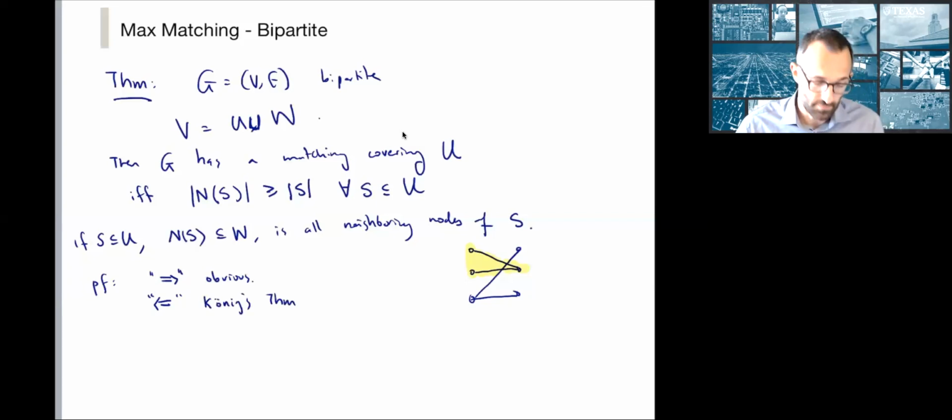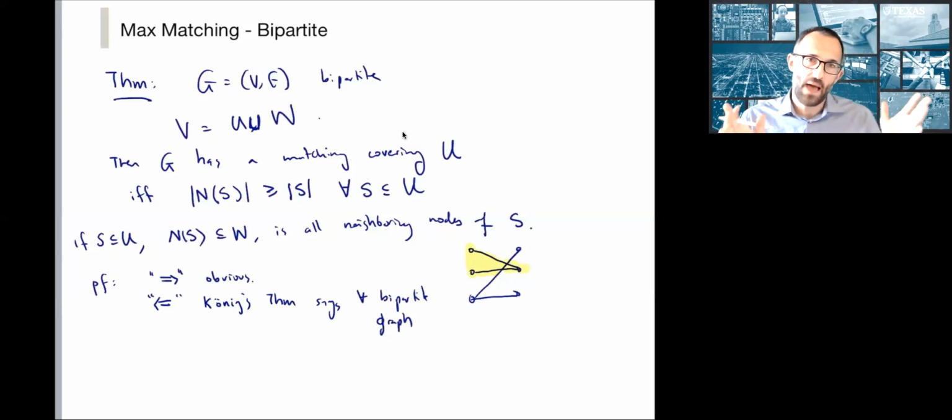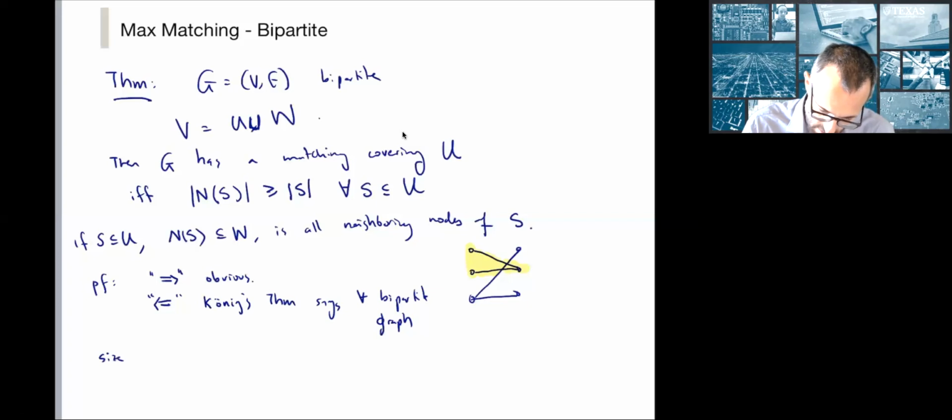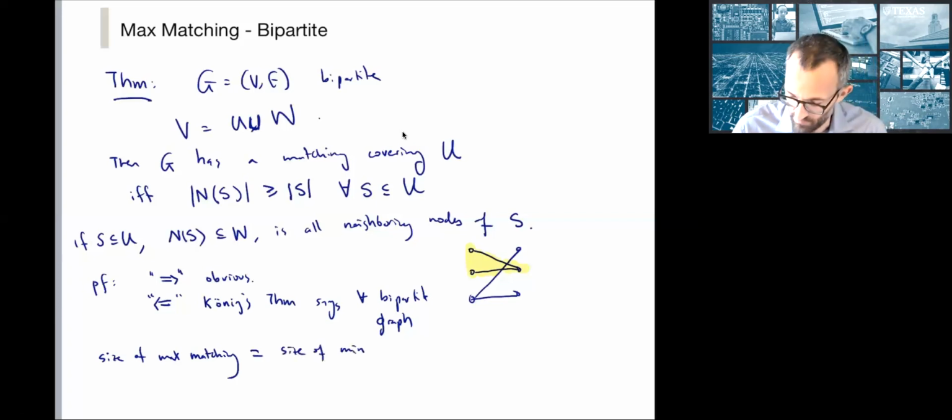Koenig's theorem, recall, tells us that for any bipartite graph, the size of a max matching is equal to the size of the min vertex cover. Remember, we used duality for this.